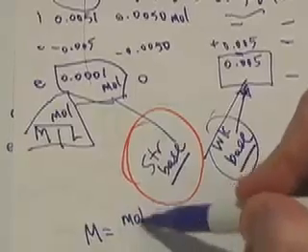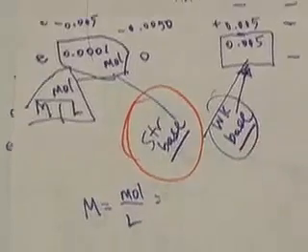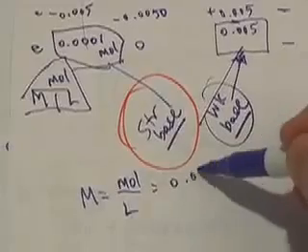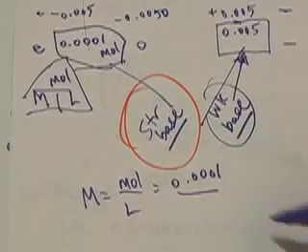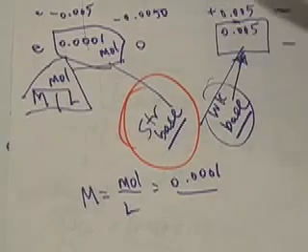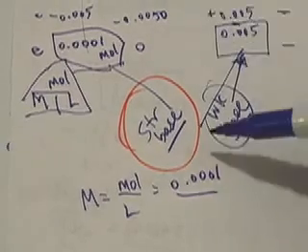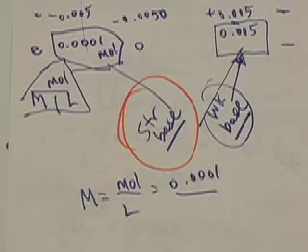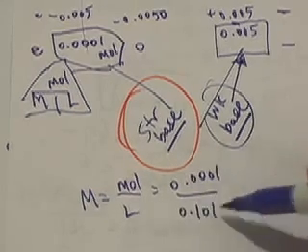So from here, what we can do is find the molarity for this. Molarity, remember, is equal to moles divided by liters. So my moles are 0.0001 divided by my liters. Now I've had 51 milliliters of NaOH and 50 milliliters of C2H3O2, so I have 101 milliliters, or 0.101 liters.